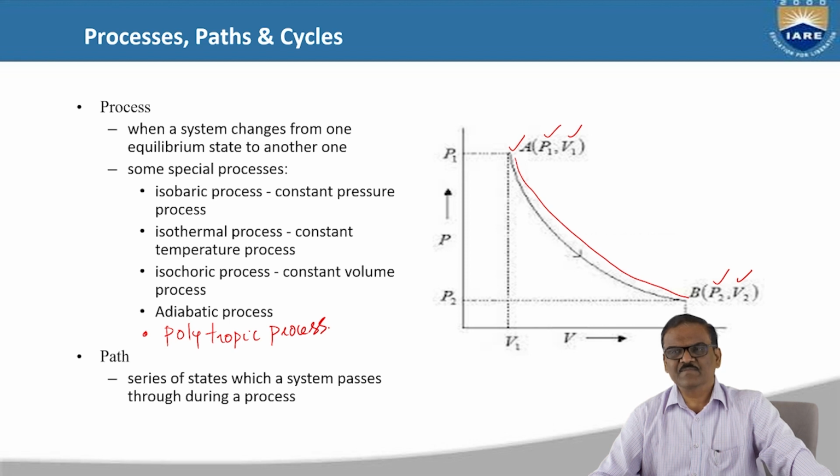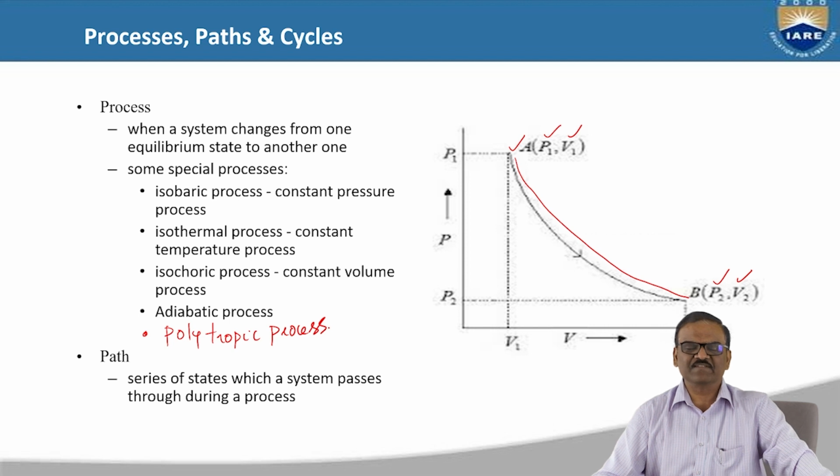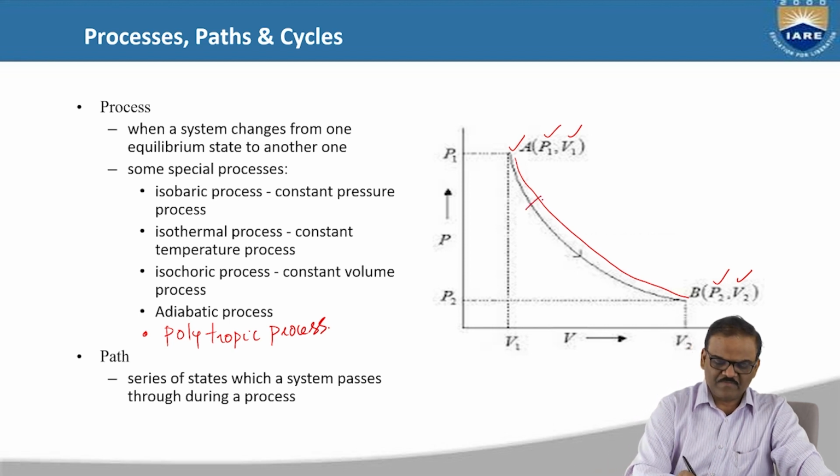The path taken from A to B is called the process. Then the series of states which a system passes through during the process is called the path.